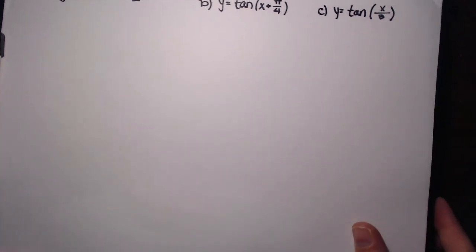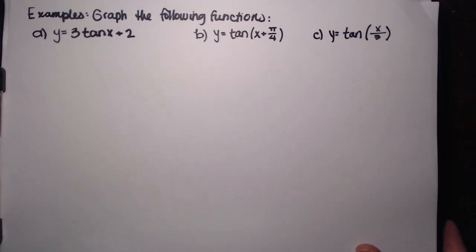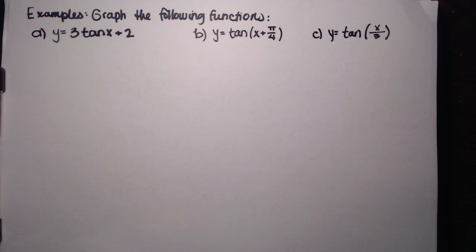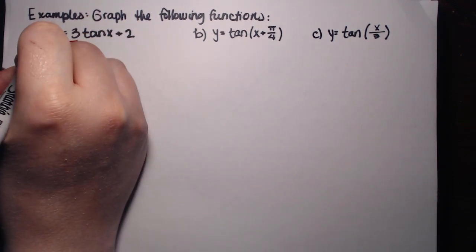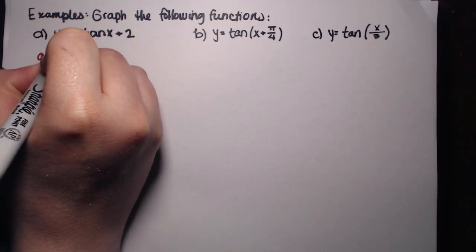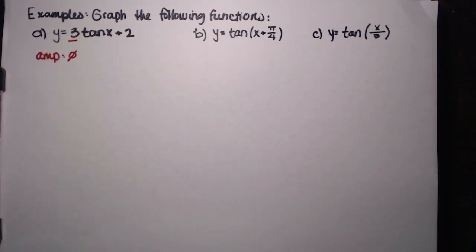So for here, oops, can't see that. There we go. First I'm going to show you what the a value does, because the amplitude is undefined, but that is going to still stretch the graph. And then let's do the period next.